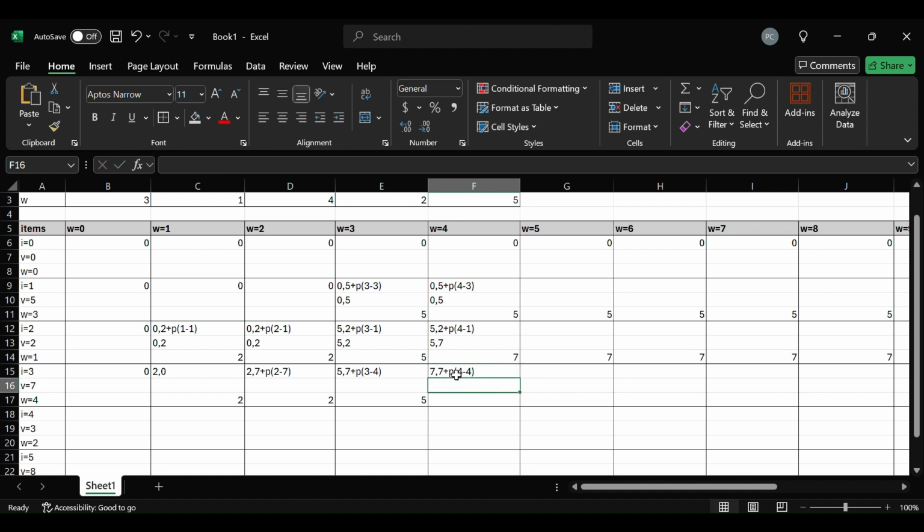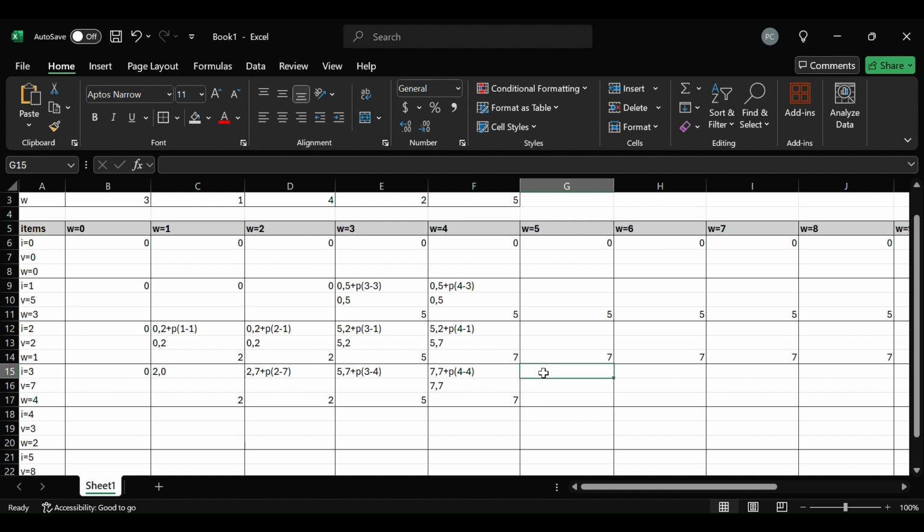So P of 0, go up, go to 0. This is 7 plus 0. So here, interestingly, it does not really matter because both of them are the same. So you'll just put your max as 7.